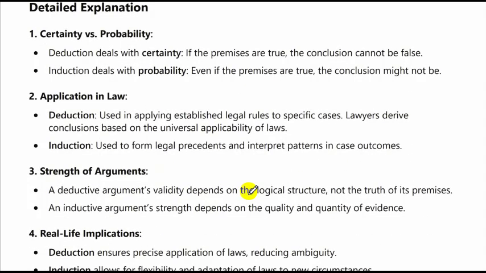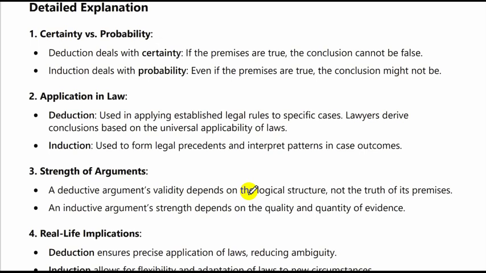Now let's look at the detailed explanation, because if we are doing it for 13-mark question, we have to know how to expand that question further. So certainty versus probability. Deductive arguments deal with certainty. It's fact based.